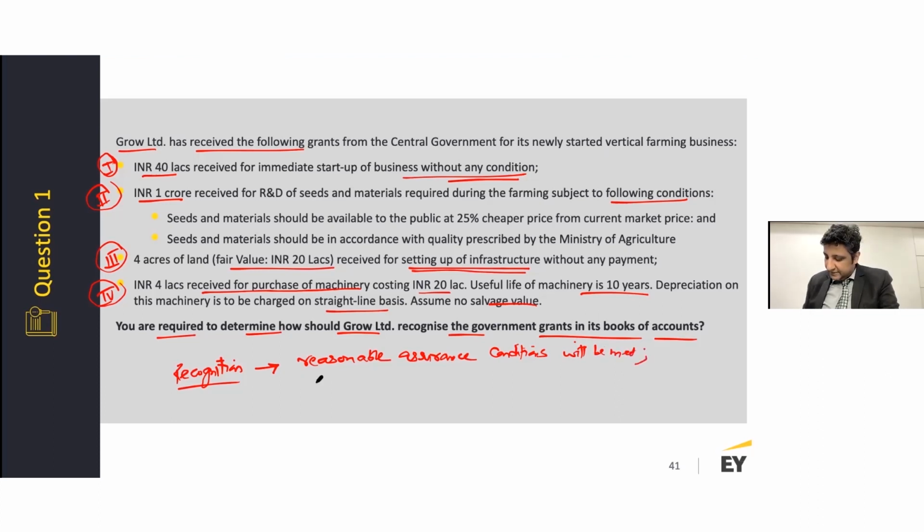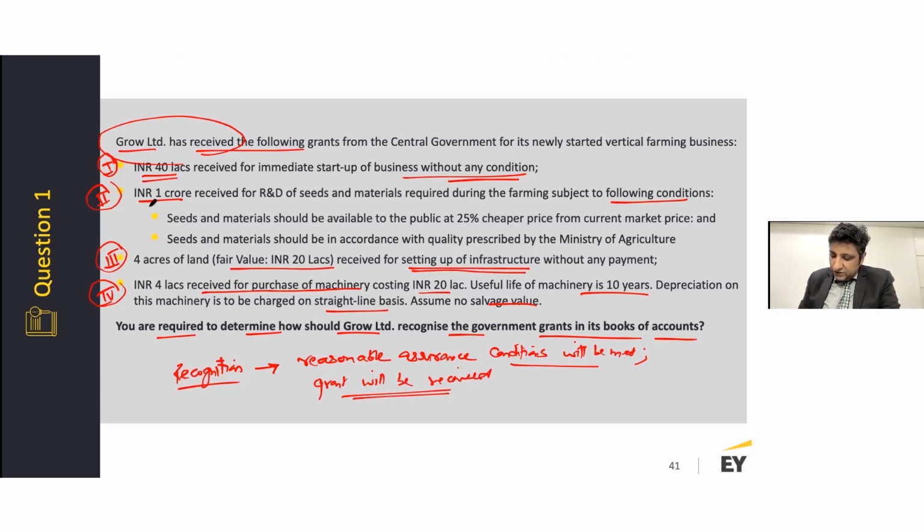And the second condition is that the grant will be received, right? Now, interestingly, this condition is not a problem because Grow Limited has already received that money, right? So all we are looking at, of course, whether the first condition would be met or not. So we don't know that answer. We can assume if it is met, then naturally the recognition of a grant can be done, right?